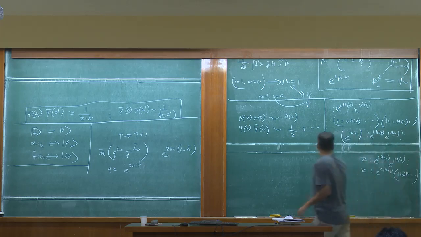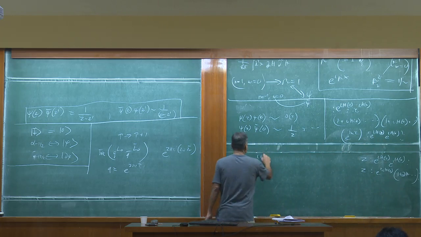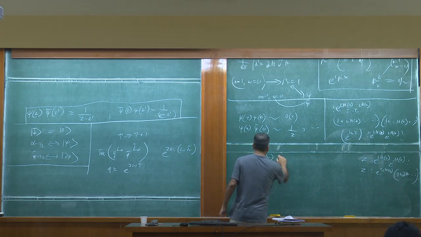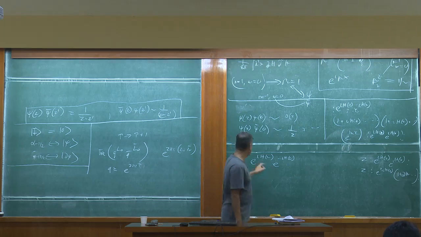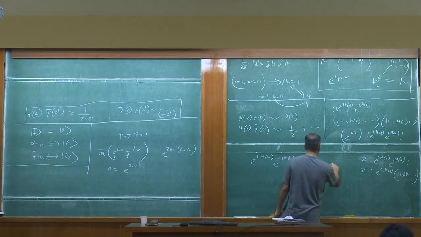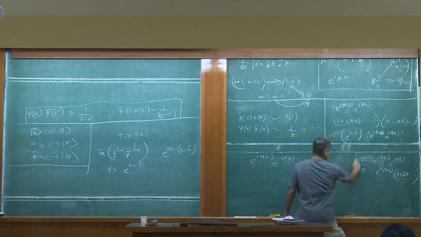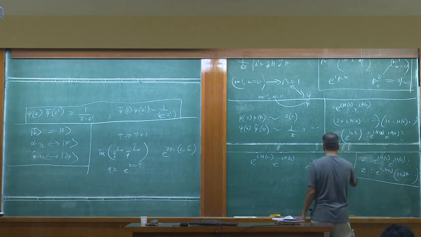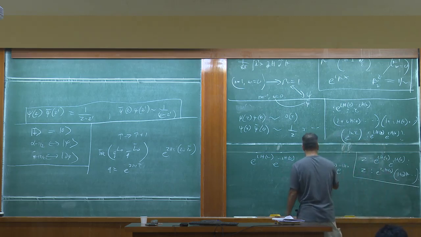Now let's also do the other computation. Suppose I do e to the power ih of z times e to the power minus ih of 0. Well, the computation is the same, except we've got an extra minus sign. So we will get e to the power minus log z times normal ordered e to the power ih of z e to the power minus ih of 0.